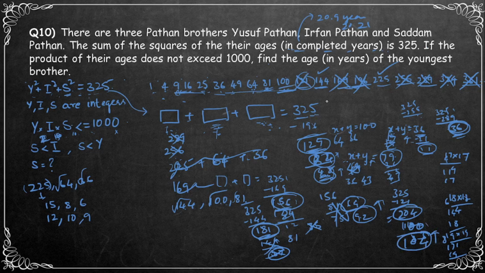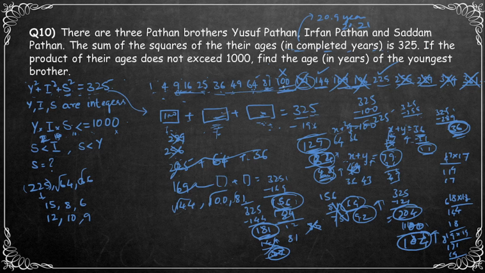If I take 100 out of 325, I'll have 225. That means 100 is the first possibility. Now if we add these two, we should get 225. If I take 81 plus 64, they are less than 200, so we should end our search here.